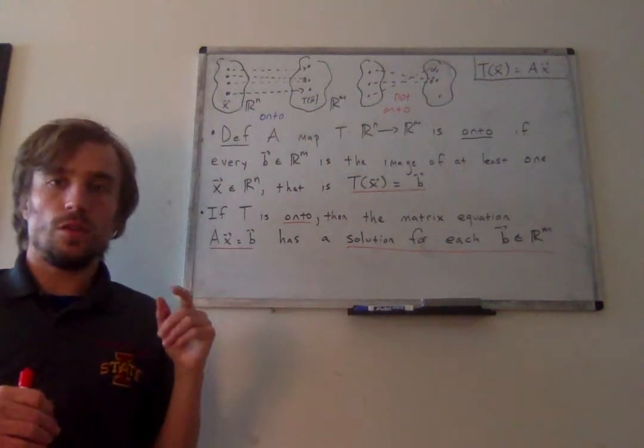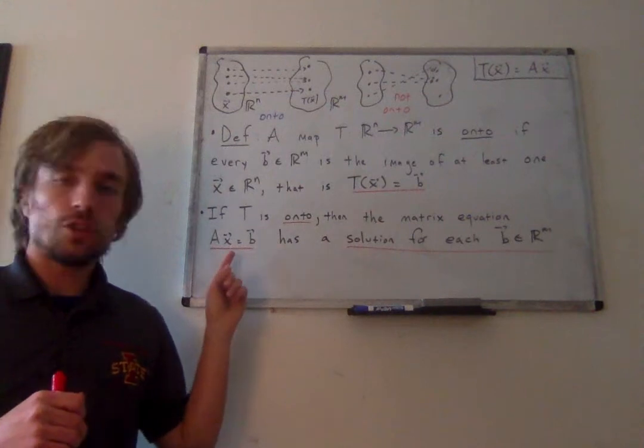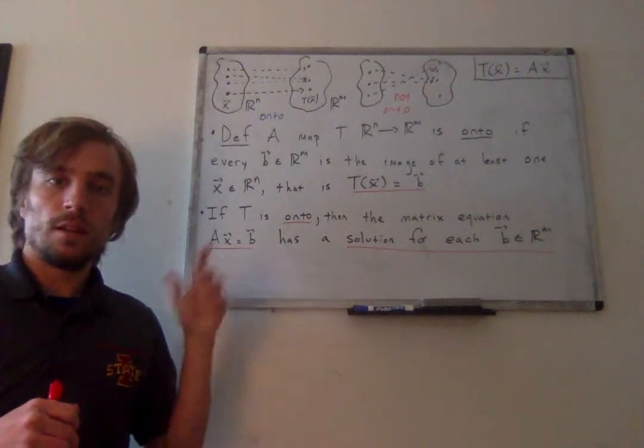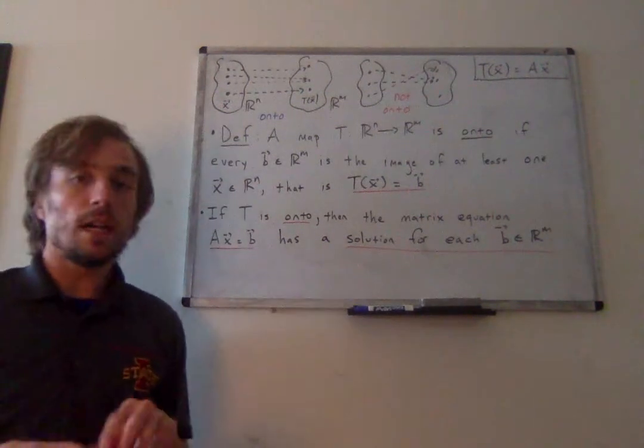And so, again, we actually know how to check if Ax equals b has a solution for every b in Rm.